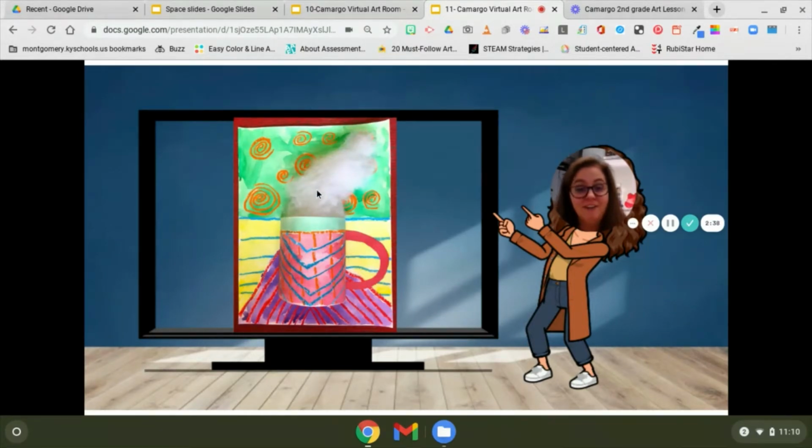What you're going to need for this project is a piece of paper for the background. You're also going to need another smaller piece for the mug, and by small, I mean probably a hand width or more wide, and then longer than your hand this way.